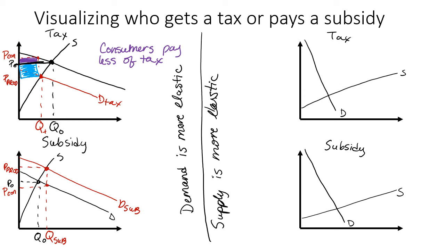So the consumers see this much of a decrease in price, while producers see this much of an increase. So producers get the blue part, consumers get the purple part, and therefore, again, the consumers have a lower part. So consumers get less of the subsidy.